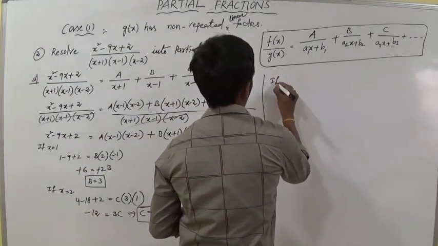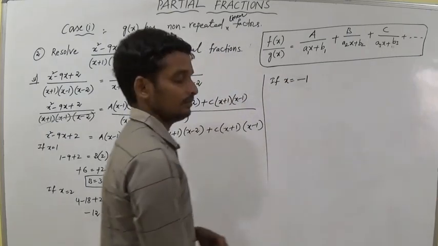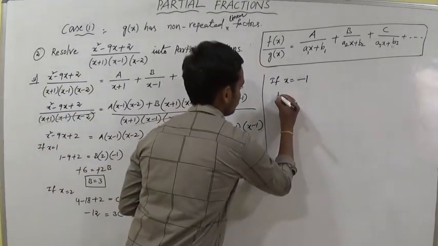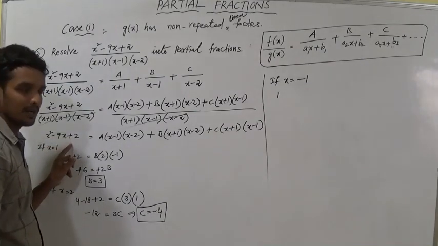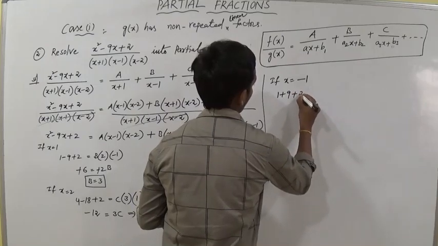If x is equal to minus 1: minus 1 square is 1, minus 9 into minus 1 is plus 9, plus 2.